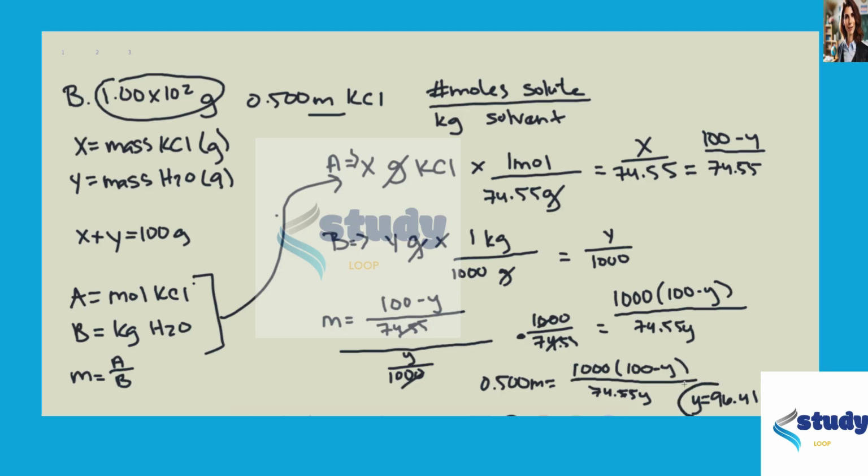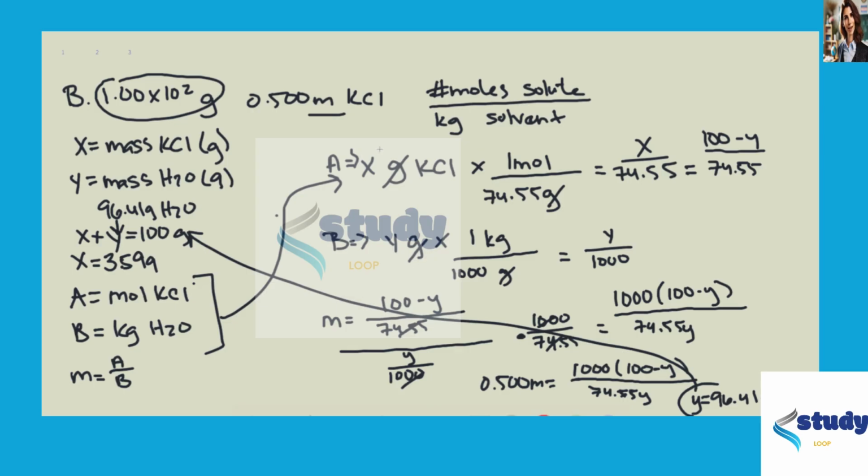We can plug this back in to this equation over here to find that X, the number of grams of potassium chloride, is 3.59 grams.